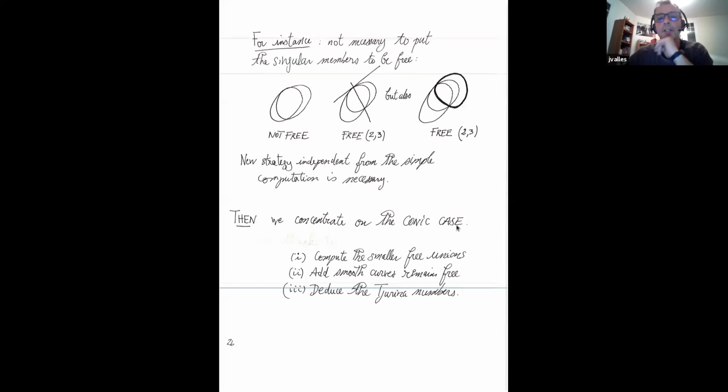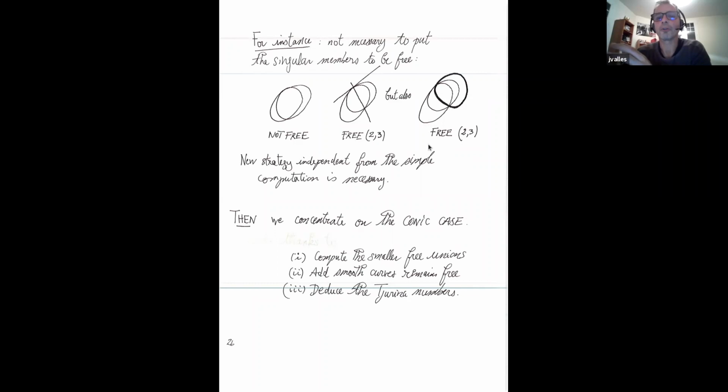But then we concentrate on the conic case. About the conic case, we compute the smaller number of free unions, not exactly, but for instance, when we have osculation, we can see that three smooth conics lead to a free curve.